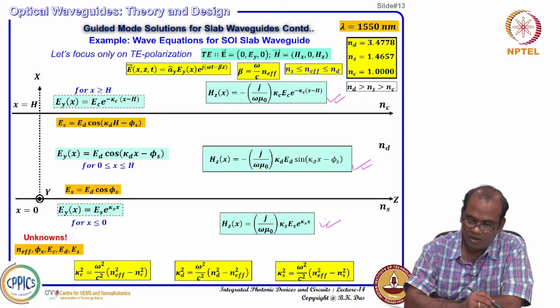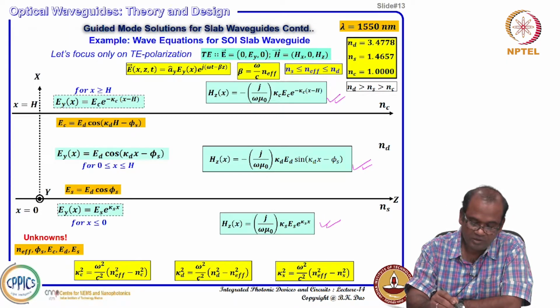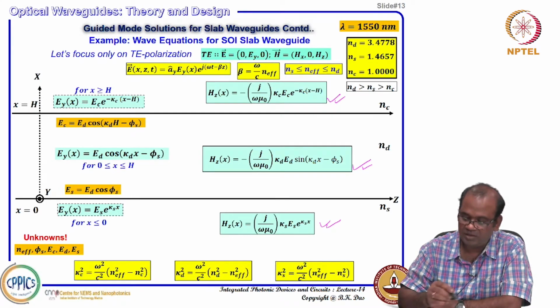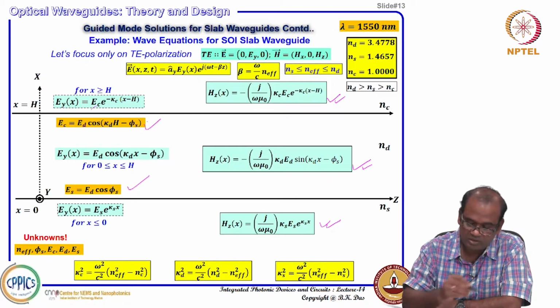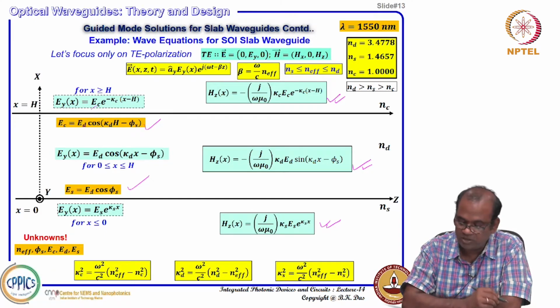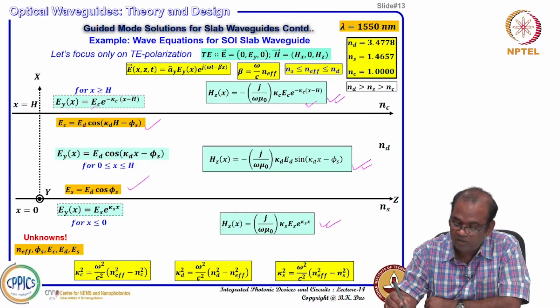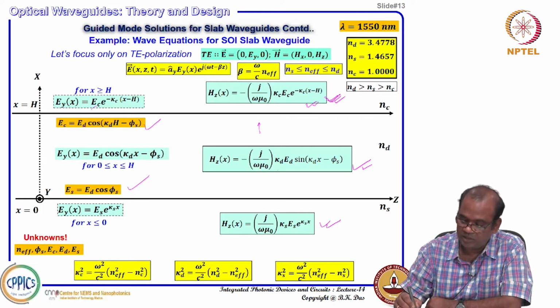So, I now have all the components in hand, that means the Ey component in the 3 regions, and how their magnitudes are related: Ec to Ed, and Es to Ed. And also the magnetic field, the tangential component and the normal component Hx in this direction are known, but I am focusing more on the tangential component here.